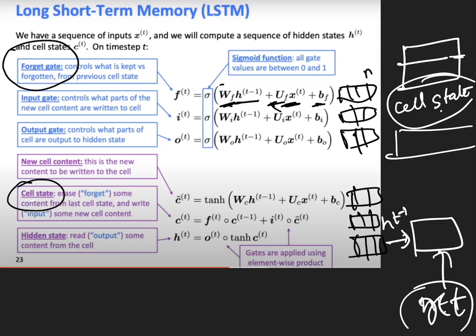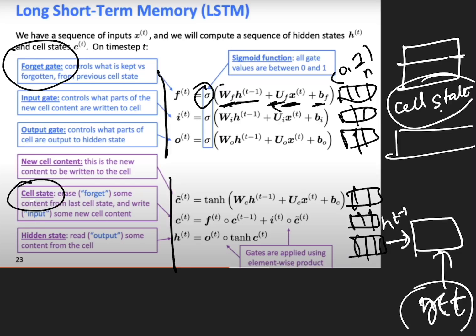Now what happens is, you have a sigmoid function here. What that does is it clips the values of these vectors between 0 and 1. So the maximum that you can have is a 1 and the minimum that you can have is a 0. These are gates, these are cell states.